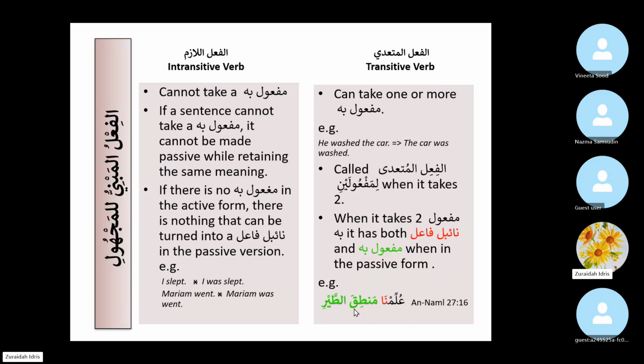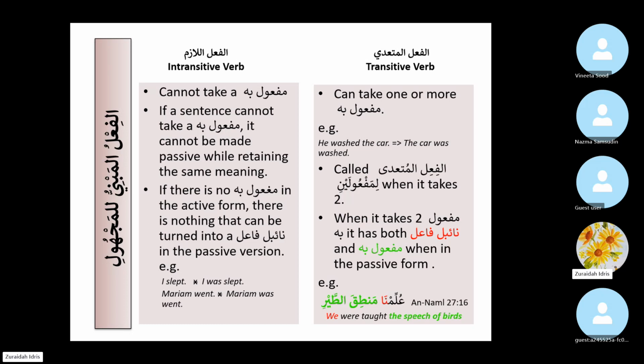Okay, so we have an example from the Quran here. Ulimna muntiqat tayr. So here na is your first maf'ul bihi: we were taught the speech of birds. And this is your na'ibul fa'il. But the speech of birds, which was the second maf'ul bihi of the active sentence, let's say the active sentence was Allah taught us the speech of birds.